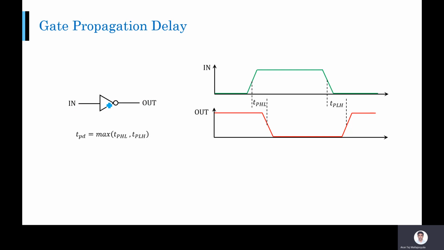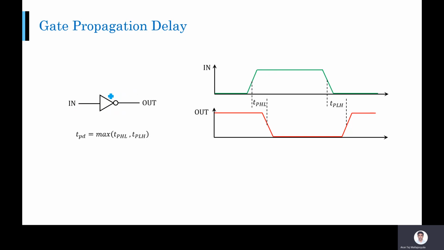The transistors have their own capacitances associated with them, and therefore there will be delays involved for charging and discharging of these capacitances. So if your input is changing, the output will take a little more time to change because of the delays involved. That delay is called gate propagation delay.